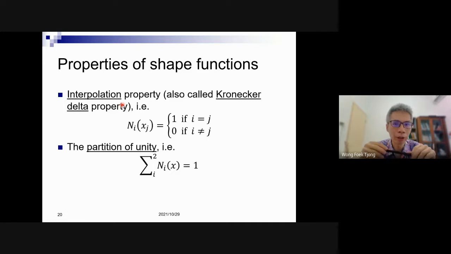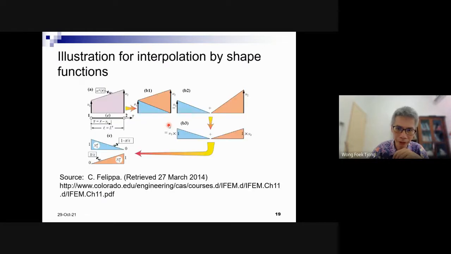Well, before we continue further with the finite element formulation, let's talk a little bit about the properties of the shape functions. The first property is the interpolation property, also called the Kronecker delta property, because it satisfies 1 and 0. It means, in this graph, it is 1 here and 0 at the others; 0 here, 1 here.